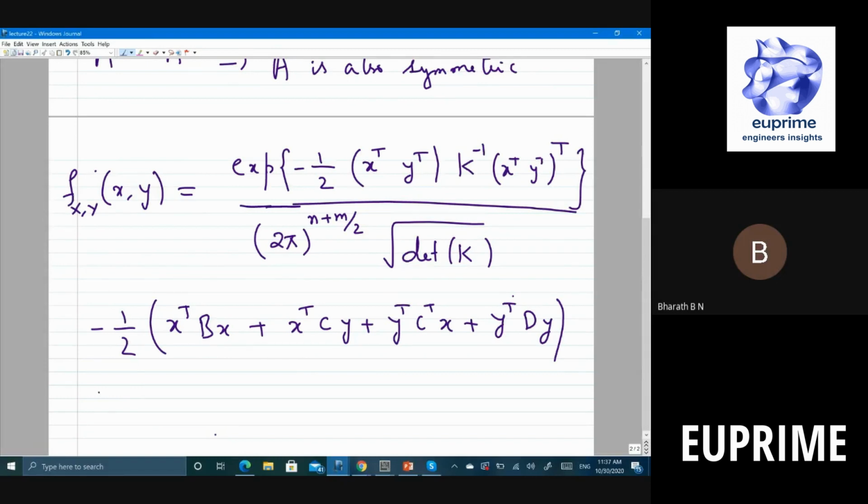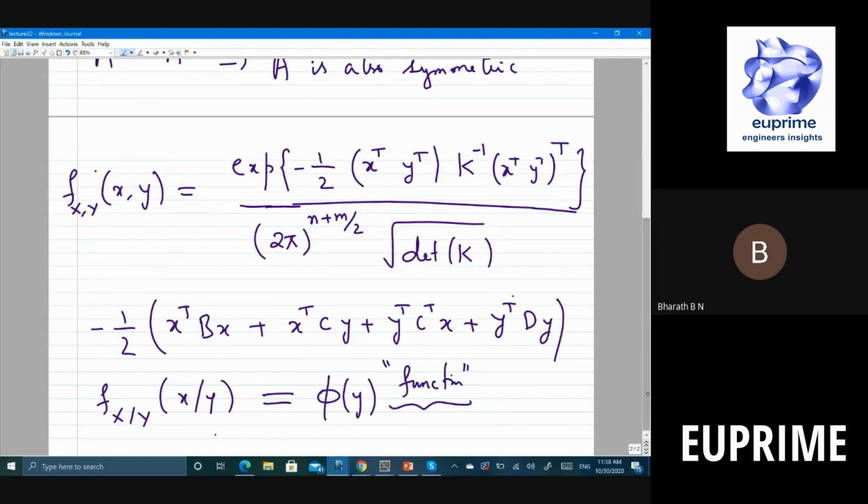Now what is f of x given y? This will be of the form f of xy divided by some phi of y, and some other function. This is the general form. Do you agree?